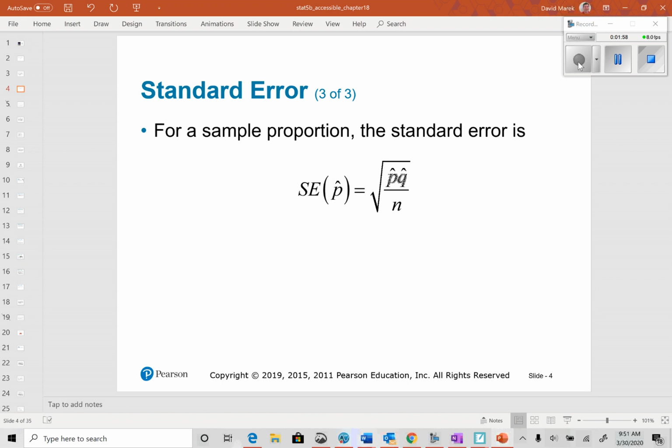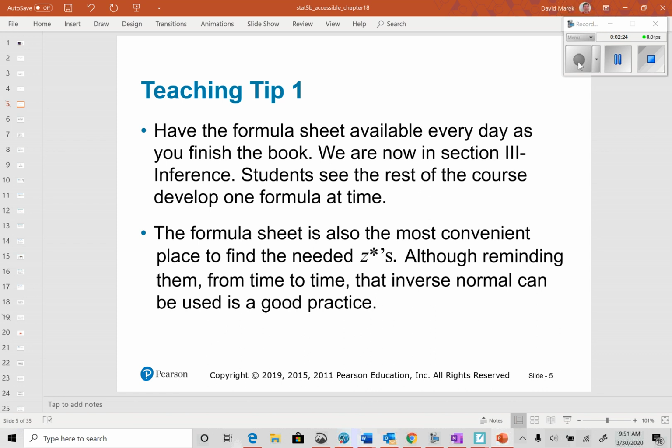And as soon as we know P hat, then we can calculate Q hat, divided by n, take the square root. This is now called the standard error. SE is the abbreviation, the lovely acronym that they're going to be using. So again, it's not the population proportion that we know, it's our sample proportion that we know, p hat. That's what we're going to use here.